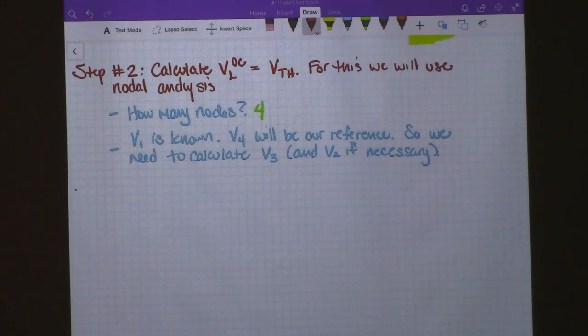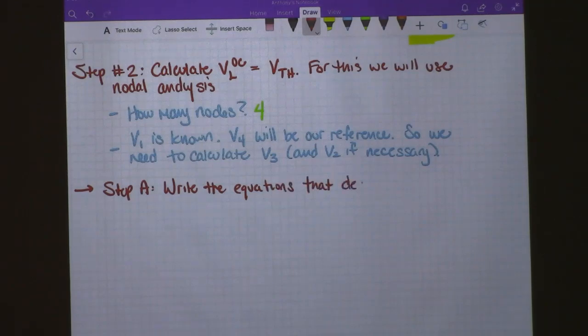All right, so step A, again, we're doing little mini steps in here. Step A, write the equations that describe nodes 2 and 3.